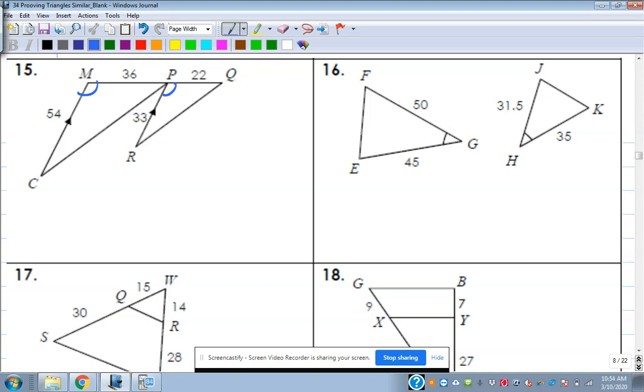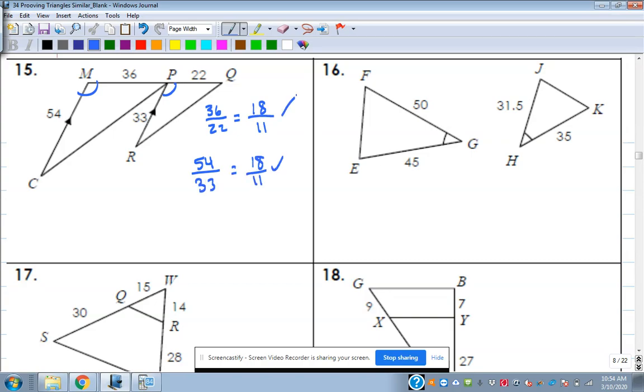So does that give us the ratios the right way? 36 over 22, is that the same as 54 over 33? Check those ratios. 36 over 22 is 18 over 11. 54 over 33 is 18 over 11.